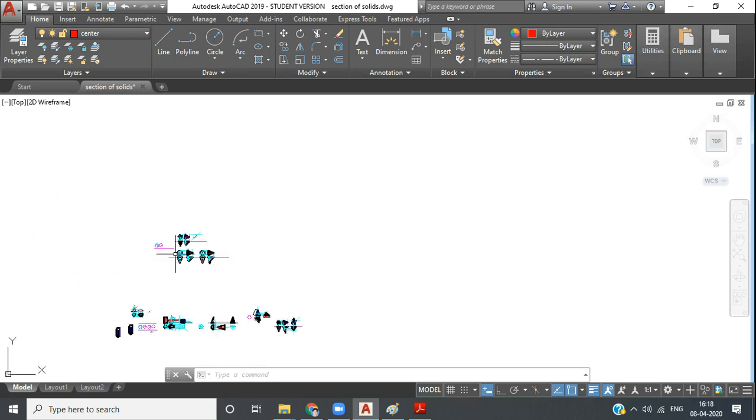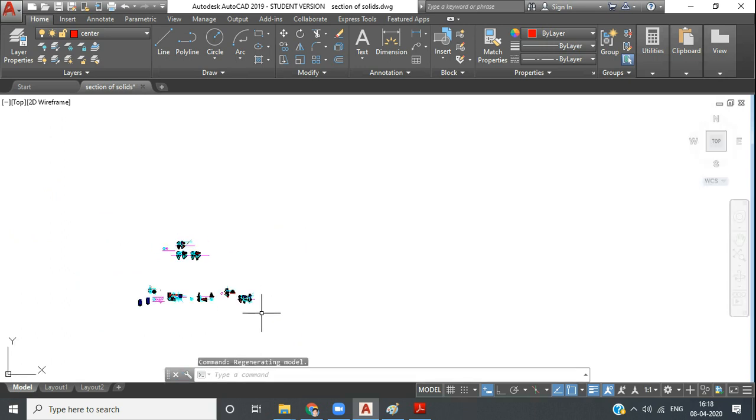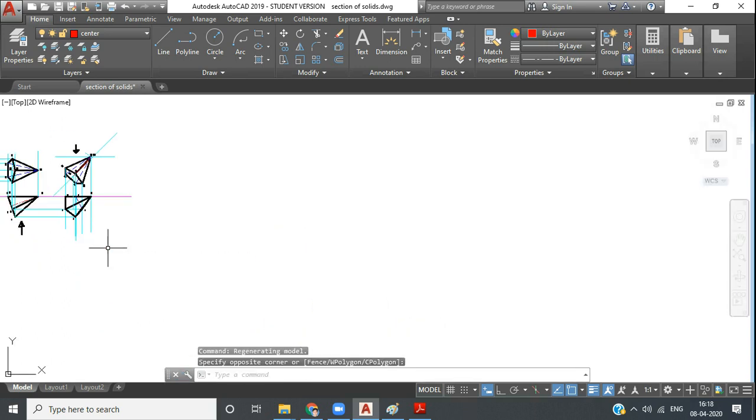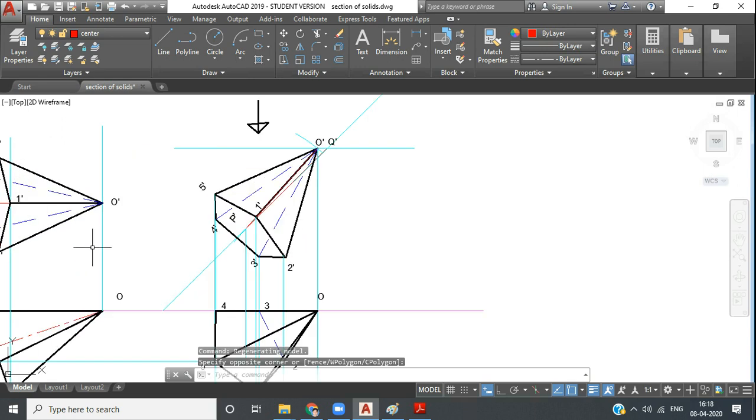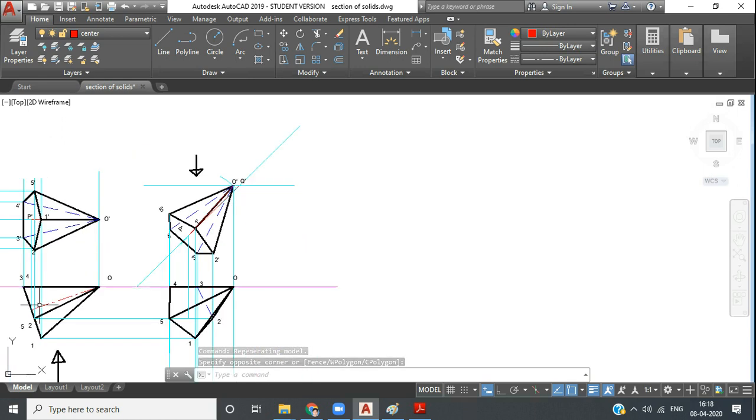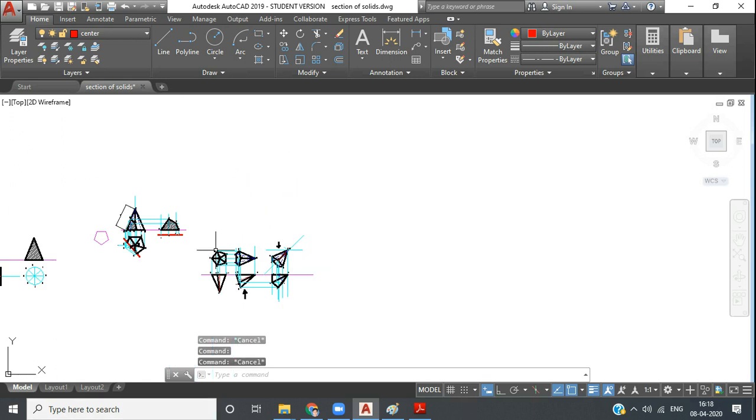As we have done in yesterday's numerical, the pyramid numerical, this is the top view of the axis of 60 true length, and this is the front view of the axis of length 56 point something. That is why we did this construction, because in that question they said the axis is inclined to the VP and to the HP.